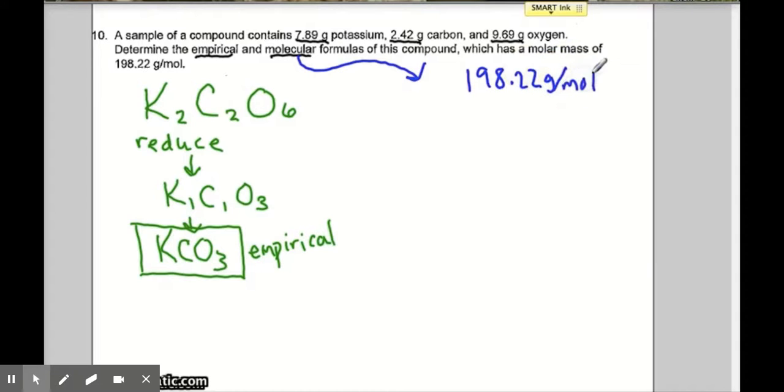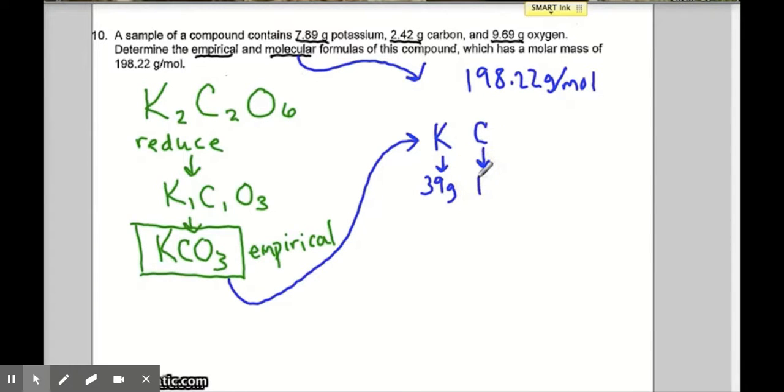That's our sample molar mass. And what we do with that, first of all, we need to find the formula weight of the empirical formula. It sounds complex, but all you're doing is taking each element that's in this formula and adding up the masses.